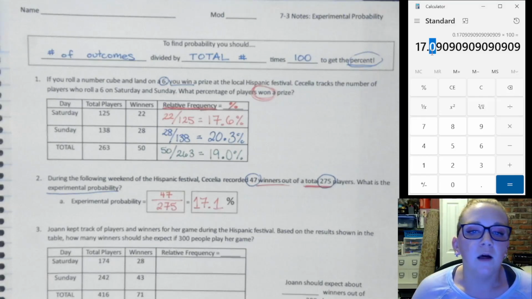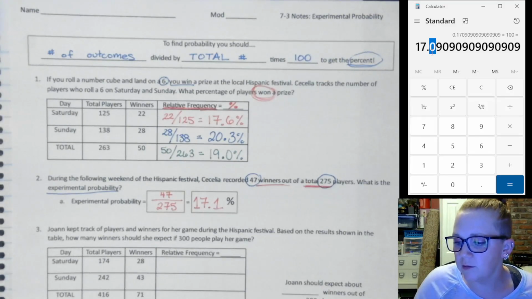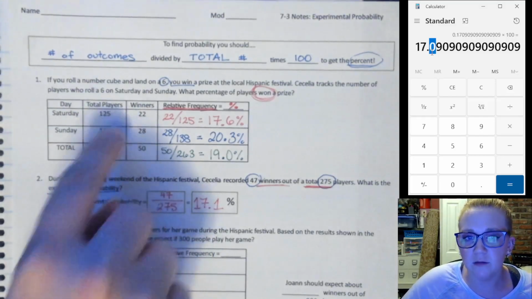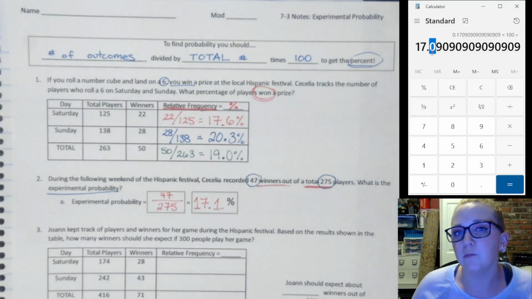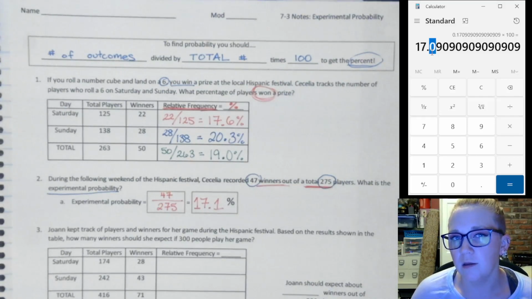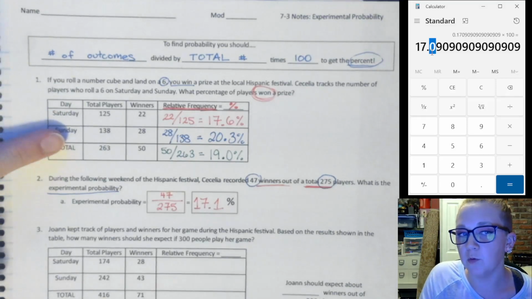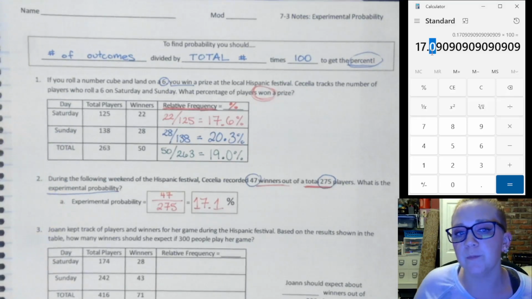Now, this is during 2 different weekends. Which weekend would you have had the higher probability of winning if you'd gone that week? Was it weekend number 1 or weekend number 2?